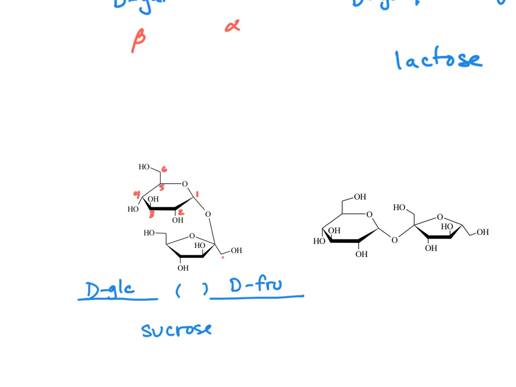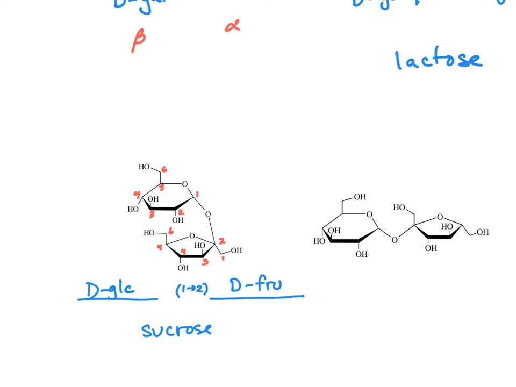Here's the tough part. Number 1 is way out there. Number 2 is right there. And then 3, 4, 5, 6. So what we have actually is a 1-2 linkage. That is the first carbon of glucose, the second carbon of fructose.